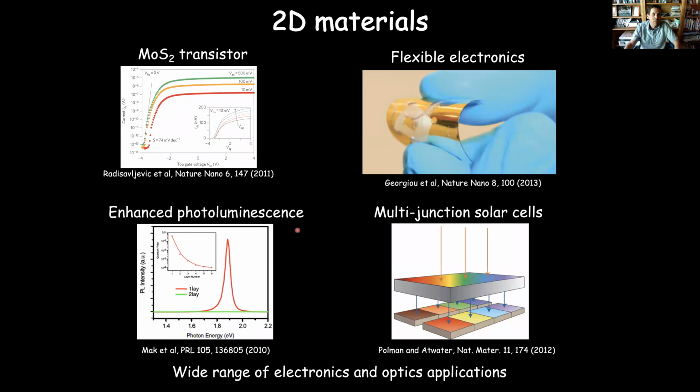If you use a semiconductor like molybdenum disulfide, you can see a large on-off ratio in this transistor, something like 10 to the 7 or 10 to the 8 ratio between the on and off currents. In all of these two-dimensional materials, because they're just a single atom or a few atoms thick, you can make things like flexible electronics if you pattern them onto plastic or other flexible substrates.